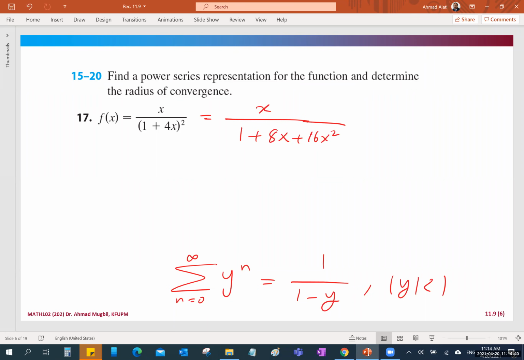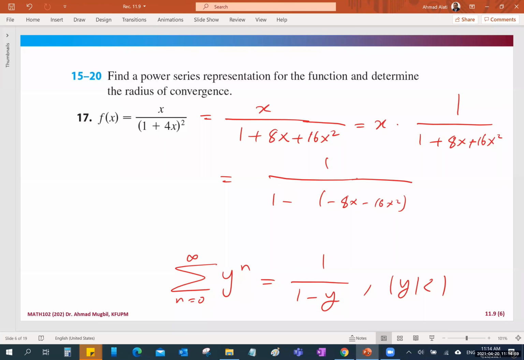And then it will be 1 minus 8x minus 16x squared. Not bad, but it will be complicated. How to do that after that? It will be 1 minus 8x minus 16x squared, and then you will apply it.